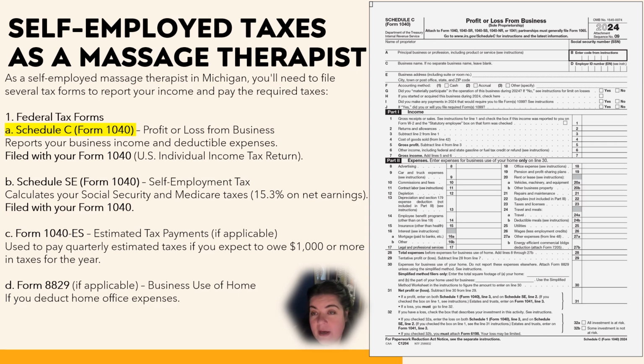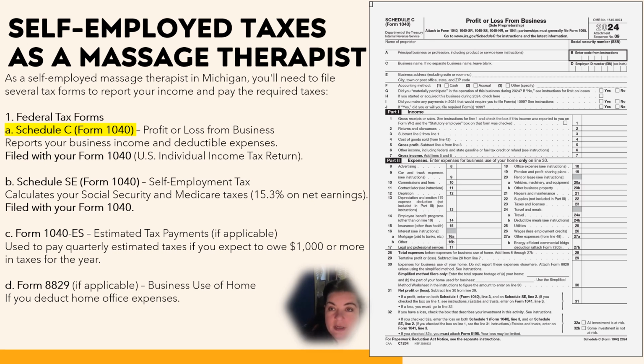All right. Now, this is going to have your information about your business. It's going to have your gross income, your receipts, your sales, all the money that has come in. But then you're also going to add in the cost of goods sold. You are going to talk about all of your deductible expenses, things that you did that are allowed to be taken out of your total income. Like, did you pay for continuing education?